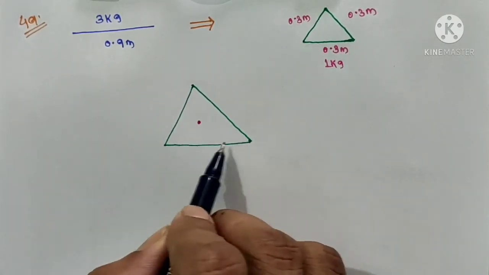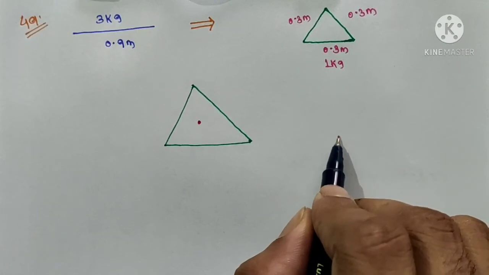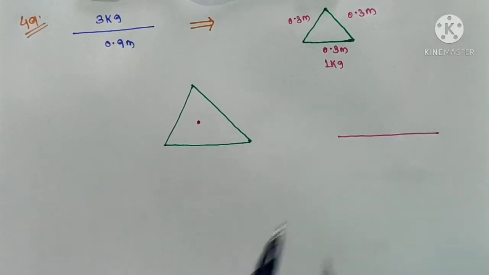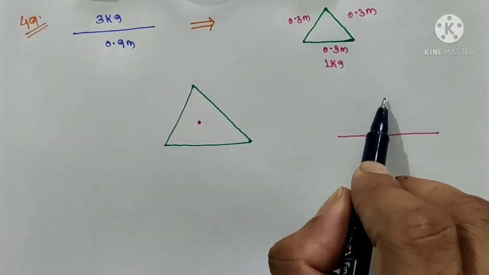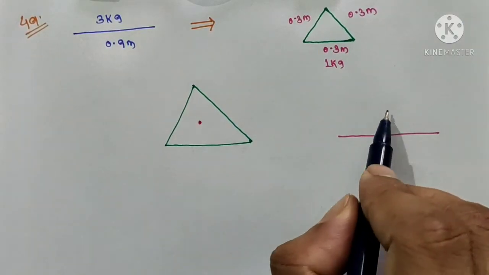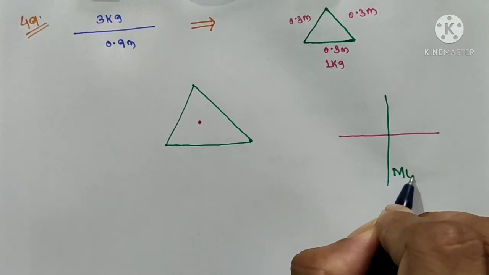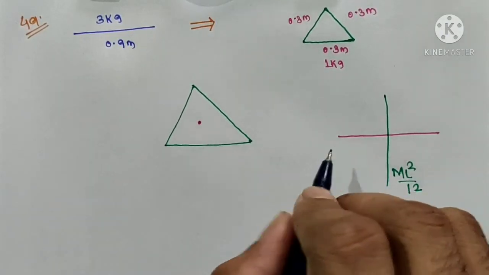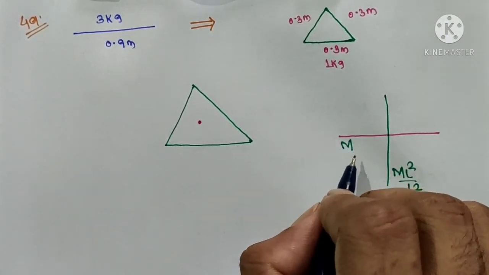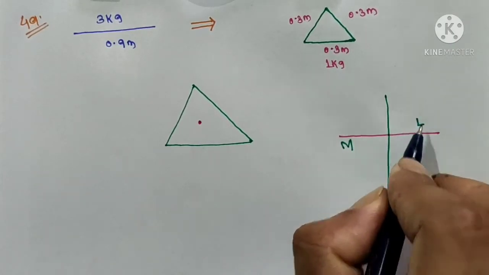These are taken as linear objects. And we know that for a linear object, the moment of inertia about an axis passing through its center and perpendicular to it is given by ml square by 12, where m is the mass of the linear object and L is the length.